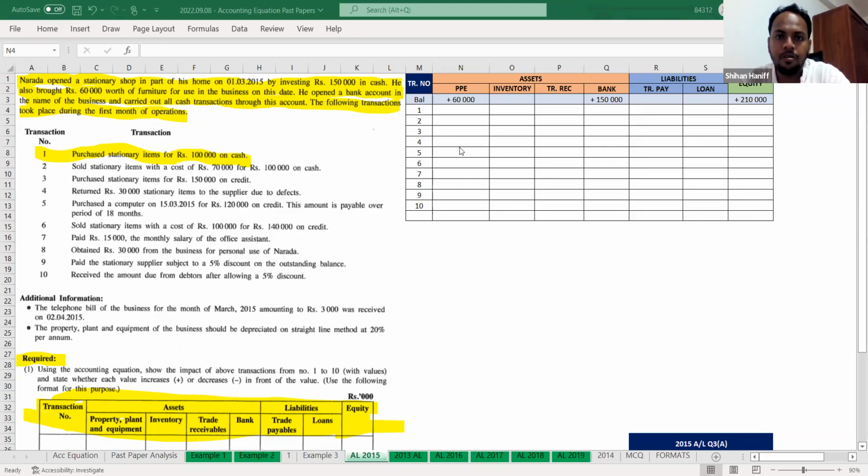So inventory increases by 100,000, and cash or the bank will reduce by 100,000. That is the first transaction.